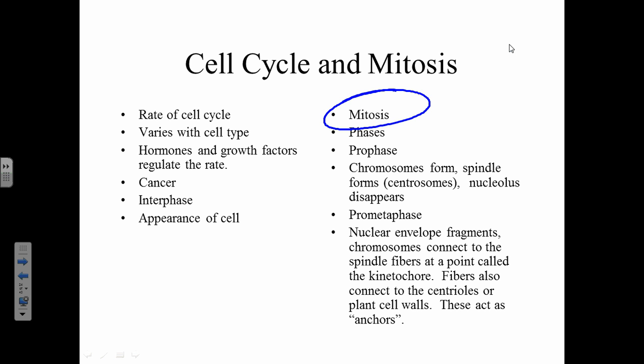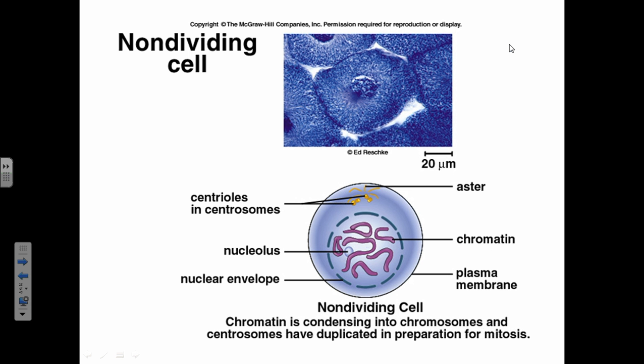The first stage that we're going to talk about is prophase. And we can use a little acronym to help us remember the order of the different parts of mitosis. PMAT. That's the order. First stage is prophase. And before we start on prophase, let's look at a picture before we get started.